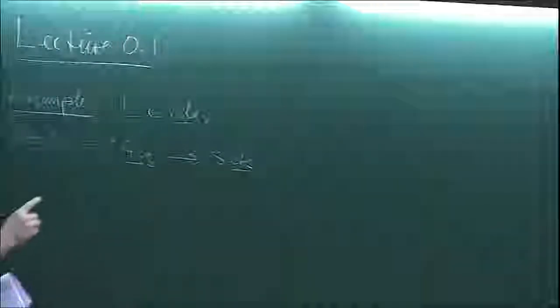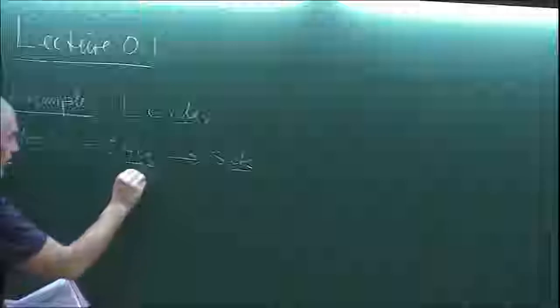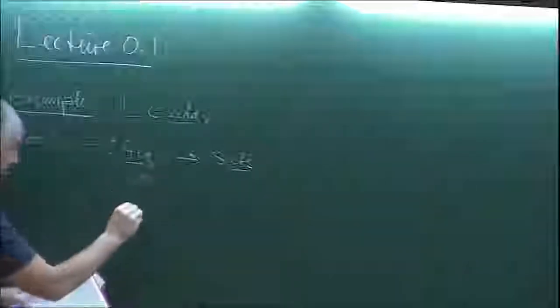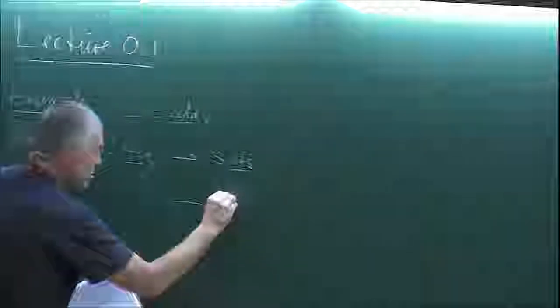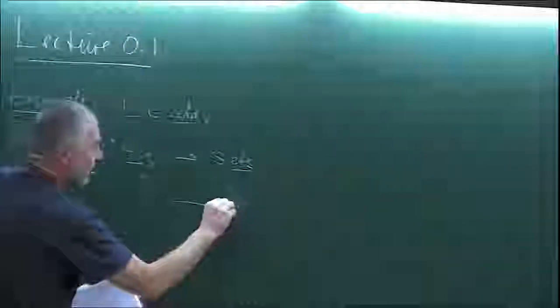So what is this functor doing? Well, it takes an algebra S and sends it to the set, which is, okay, I can equally use hom, because the morphisms are homomorphisms of algebras.